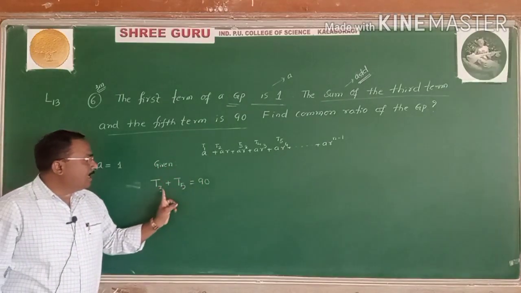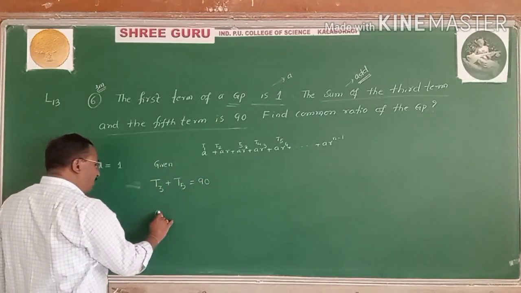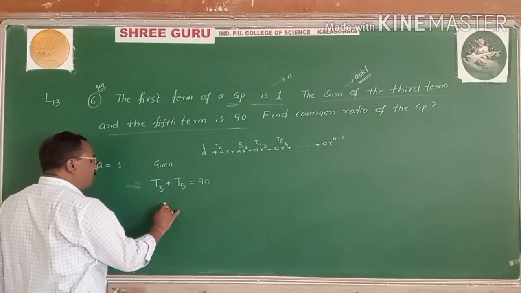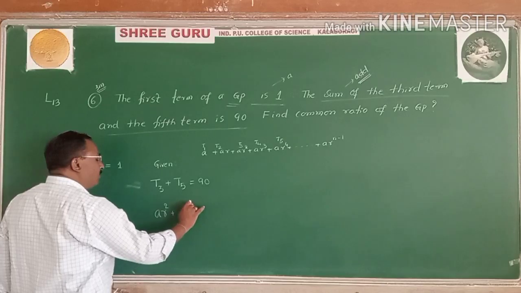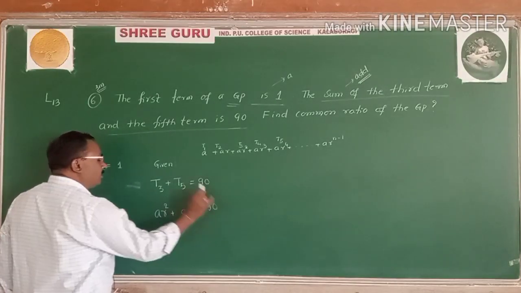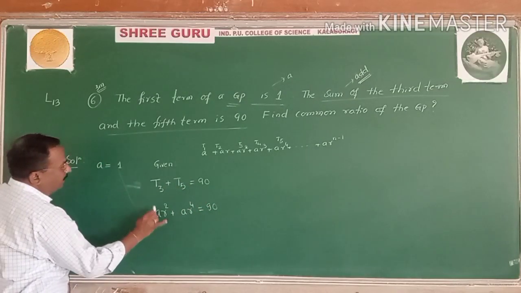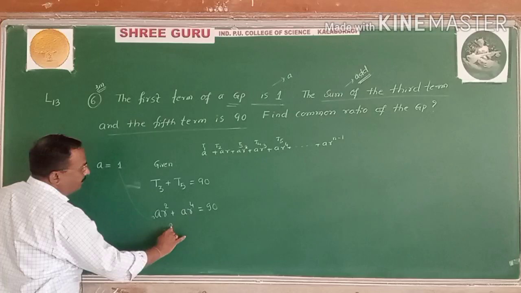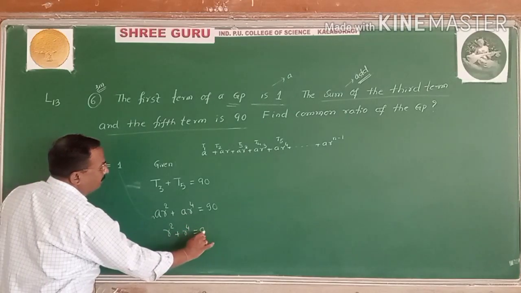Take T3 and T5. In the form of GP, A into R to the power 2 plus A into R to the power 4 is equal to 90. Where A is given, A is equal to 1, so R square plus R to the power 4 is equal to 90.